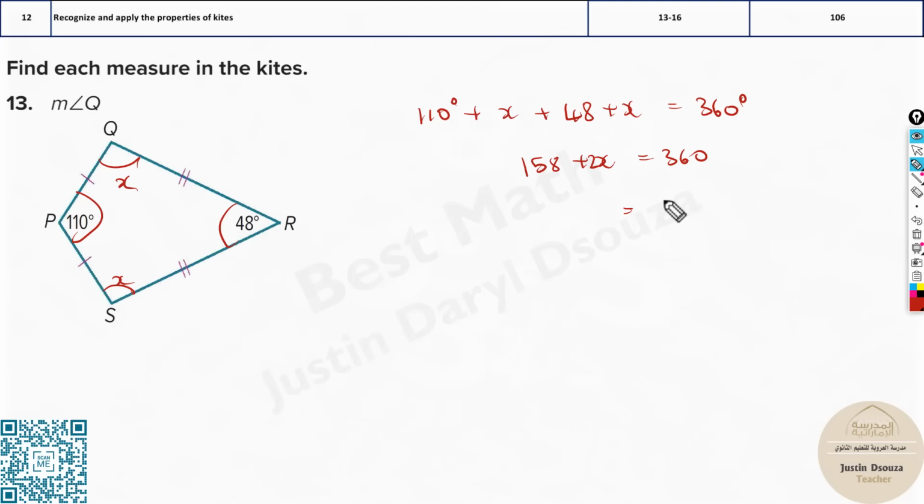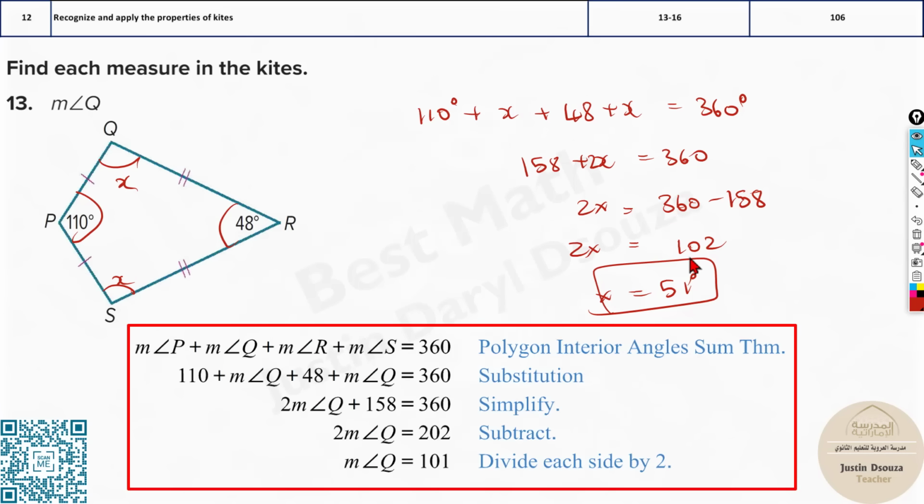You take 158 to the other side. It'll be 360 minus 158, which is 2x. Now this will be equal to 102. X will be equal to 51 degrees. So the measure of Q is 51. It's very simple using the formula.